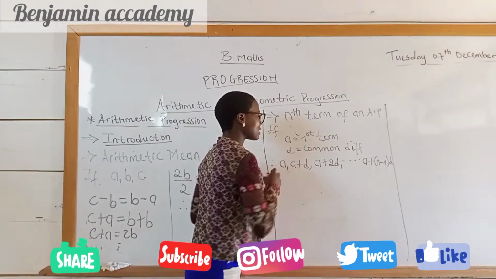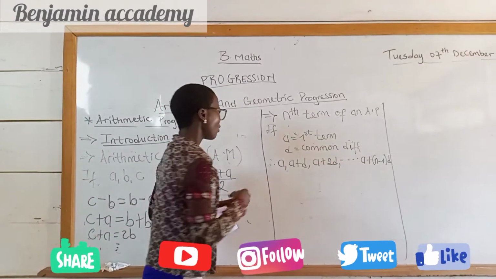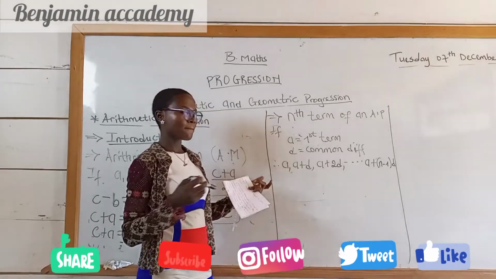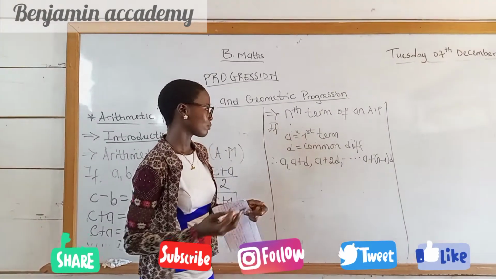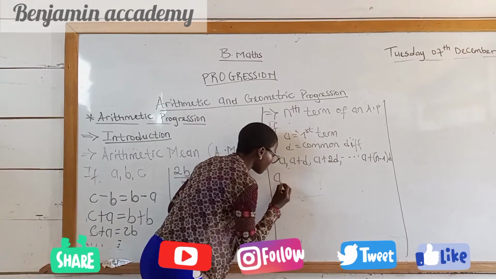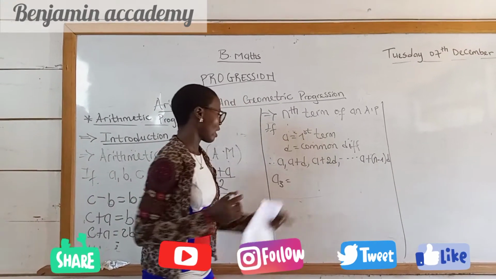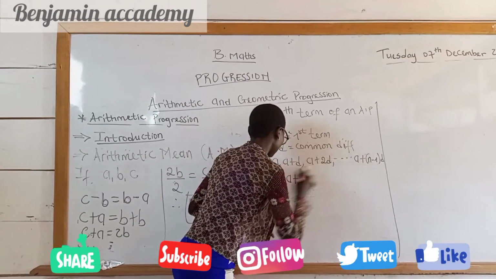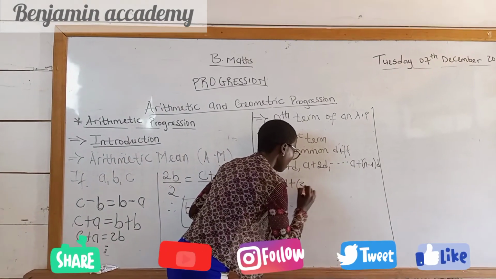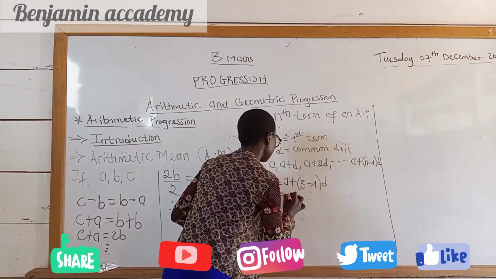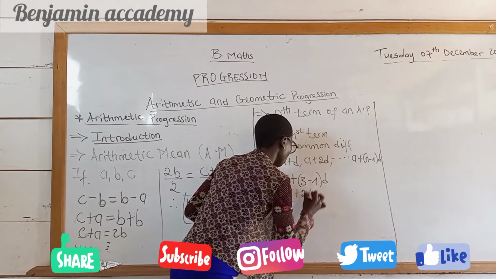So we can see from here that A is our first term. To have our second term, we take A plus the common difference, which is D. To have our third term, A3, we take A plus 2D.